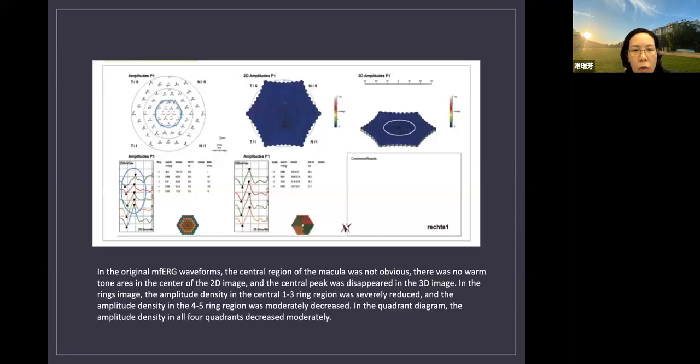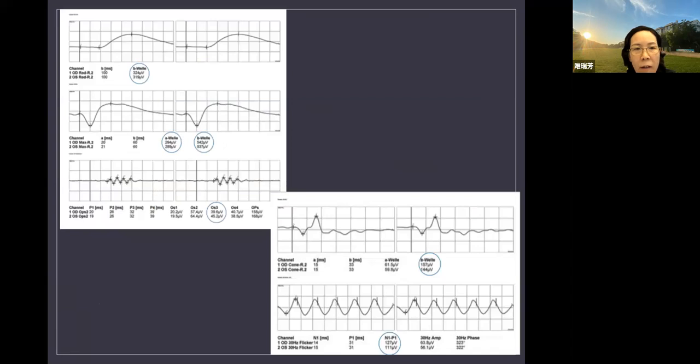For this patient, when we do a multifocal ERG, it is very severely decreased. It's almost flat. But for the same patient, when we do full field ERG, we may find only a change of the cone responses and only a mild increase of the implicit time.